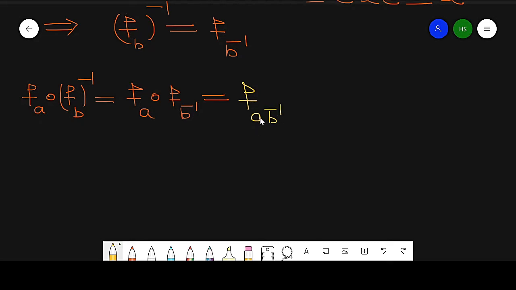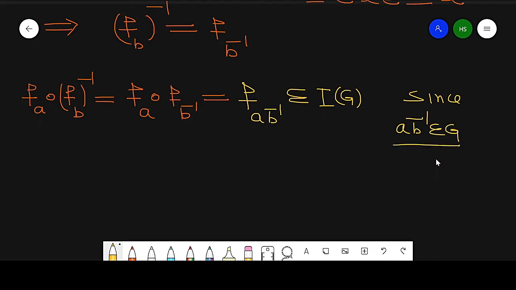Now a belongs to G, b belongs to G, so this belongs to the inner of group G, since a b inverse belongs to G. Why does a b inverse belong to G?